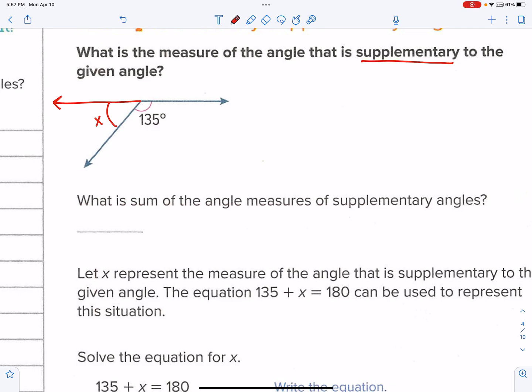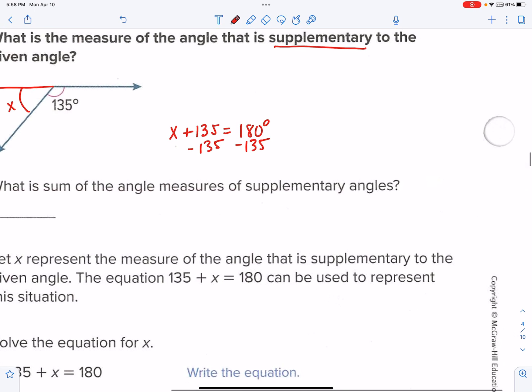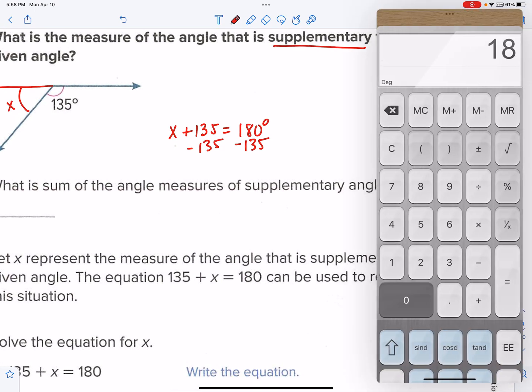We know that x plus 135 has to equal 180 degrees because they're supplementary to each other. And so 180 minus 135 to both sides will tell us what x is. 180 minus 135 is x equals 45 degrees.